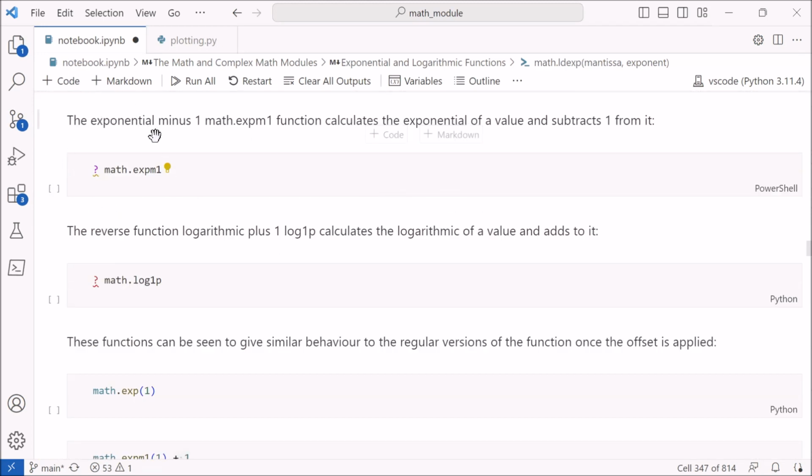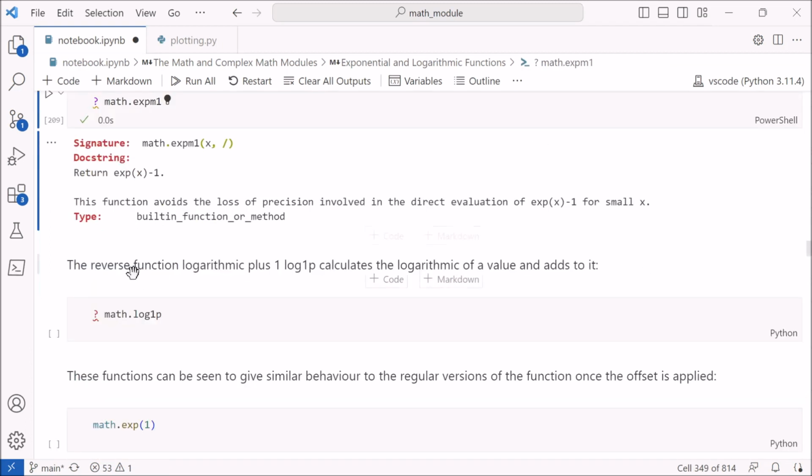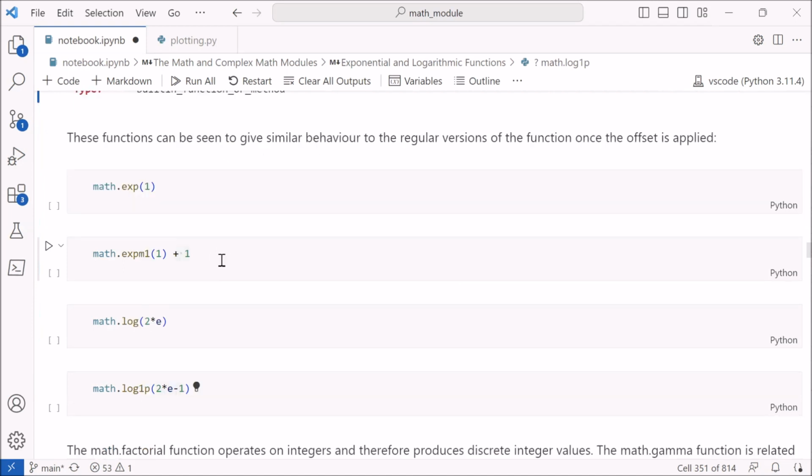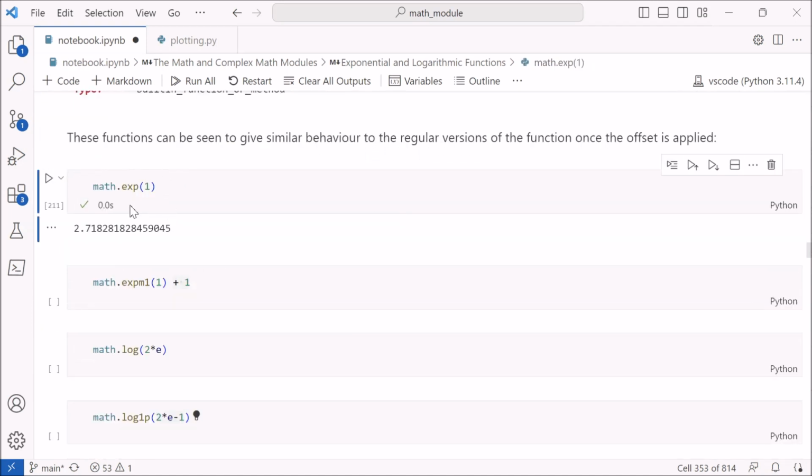We've also got the exponential minus 1 function. So if we have a look at its docstring and reverse function, which is logarithmic 1 plus, we can compare these to the standard. So if we have a look at the exponential of 1, we get this.